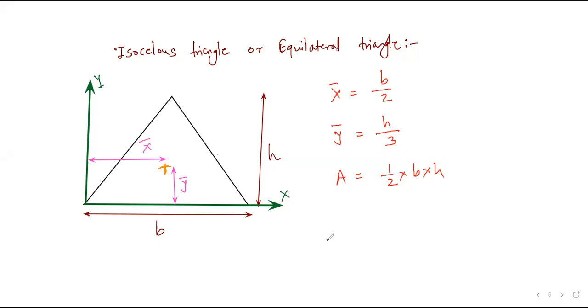Otherwise assume that you are marked as present. Roll numbers 15, 18, 31, 41, 47. 47 is present, okay. 49, 51, 55, 56, 58, 60. Okay, so these are the absent roll numbers for today's lecture.